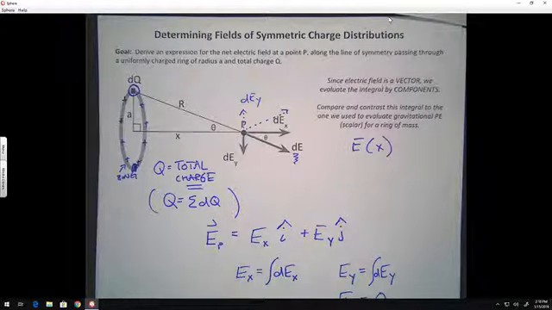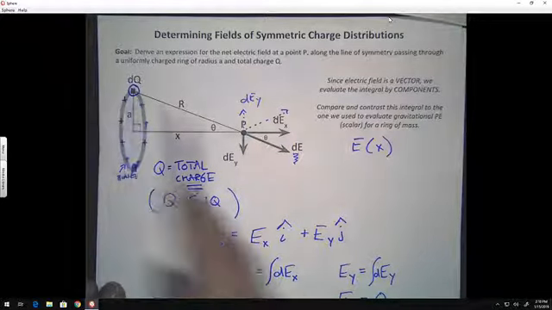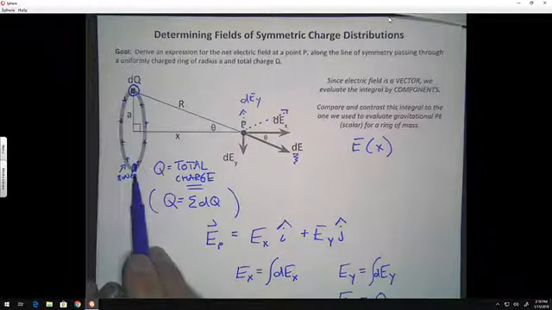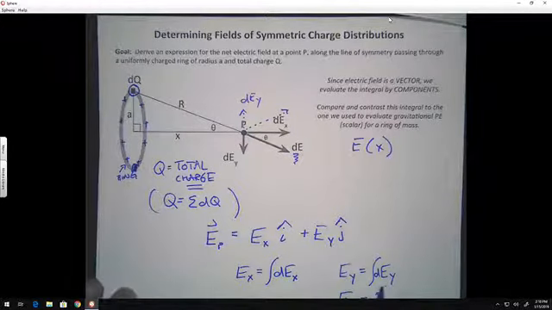So for every chunk that produces a dEy, there's going to be another chunk on the opposite side of the ring that cancels it. And so we just say that the Ey total is 0, and we say that's by symmetry.